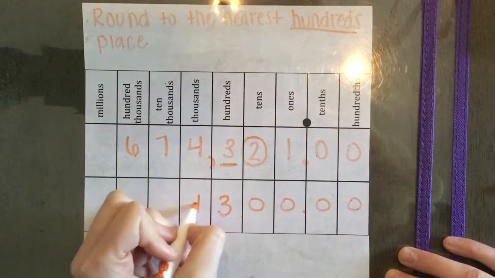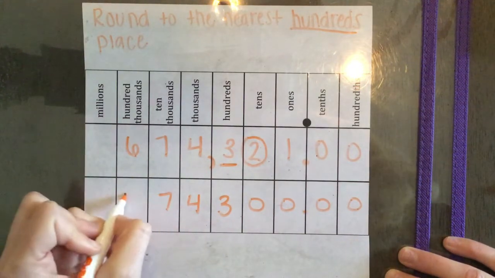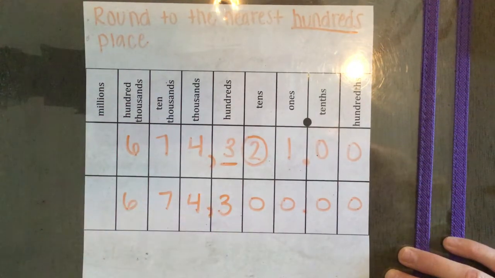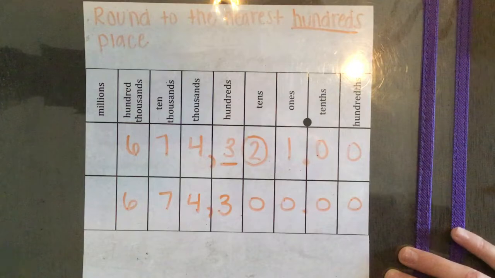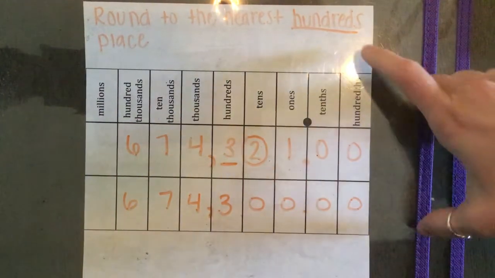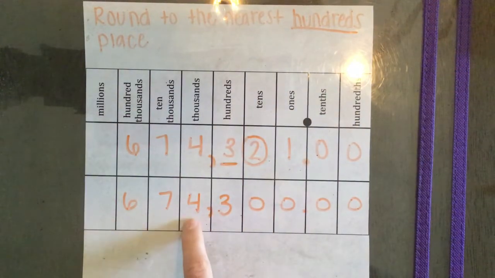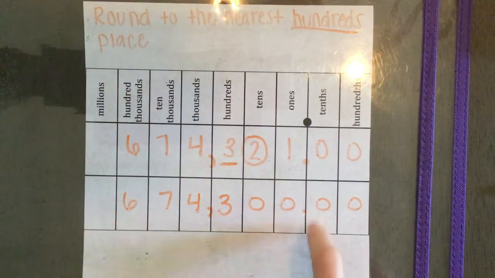So we just bring down that 4, that 7, and that 6, and we want to make sure to include our comma. So 674,321 rounded to the nearest hundreds place is 674,300.